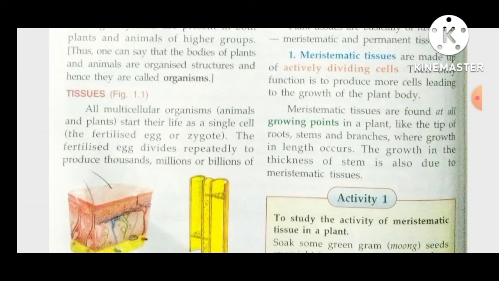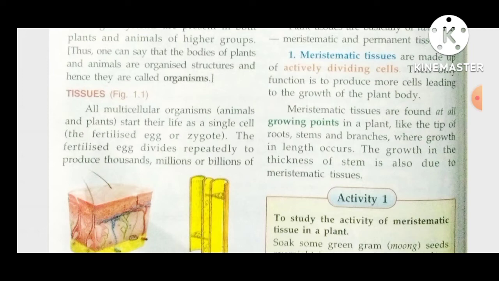That part is known as meristematic tissue. They produce cells, and after that these divide into two parts: simple permanent tissue and complex permanent tissue.